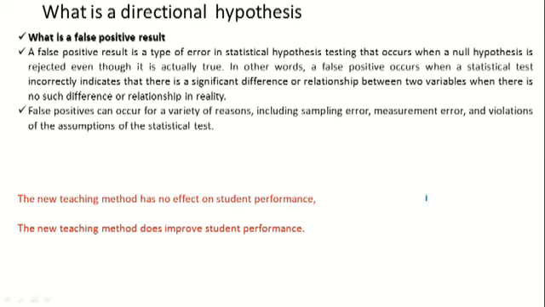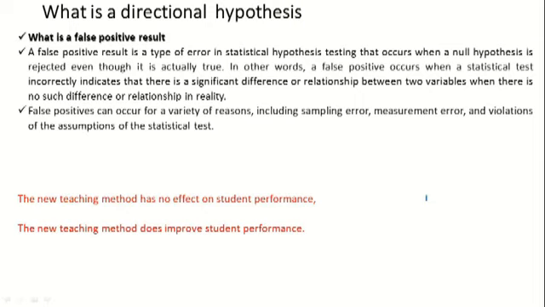False positives can occur for a variety of reasons. One of the reasons includes sampling error, measurement error, and the violations of the assumptions of the statistical test, which we already saw at the beginning of the lesson.